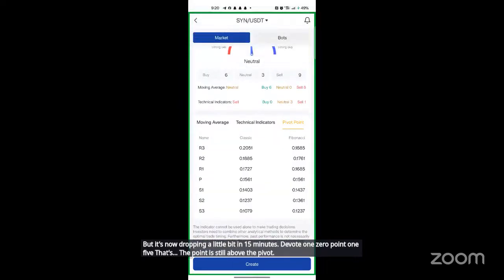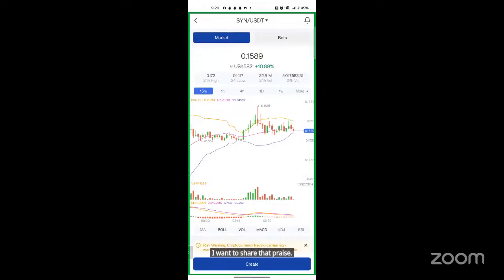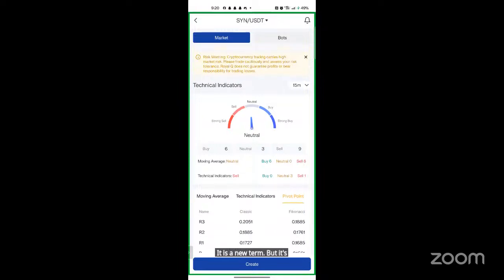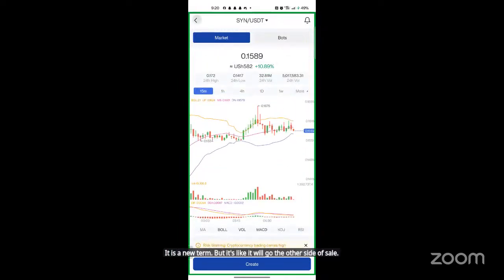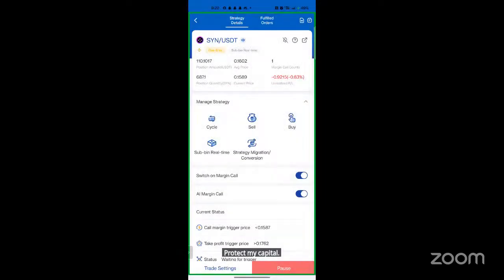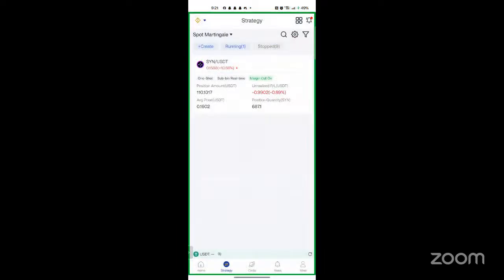I want to sell at that price. It is in neutral, but it's like it will go the other side of sell. Yeah. Protect my capital. Let the AI go on to protect my capital. But I hope the message is home, guys.